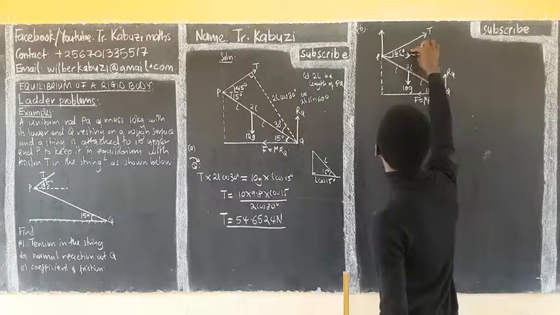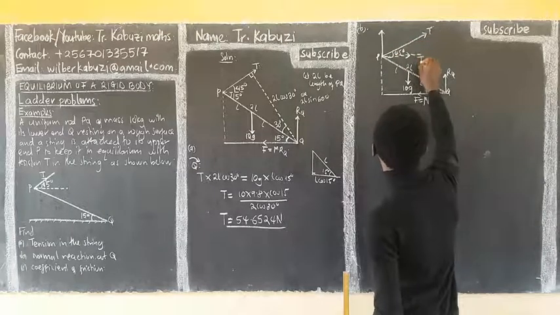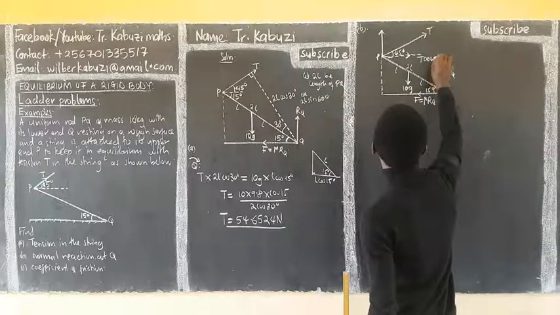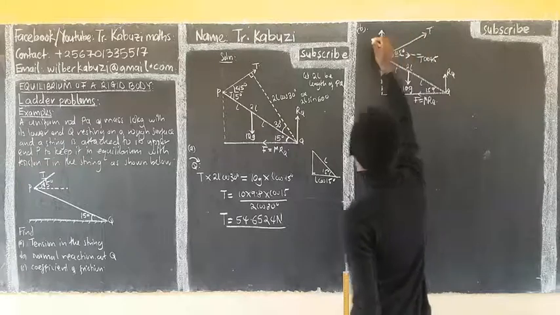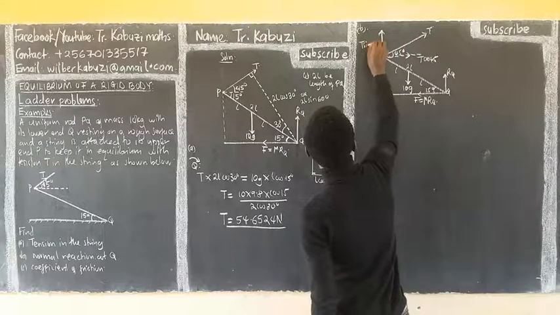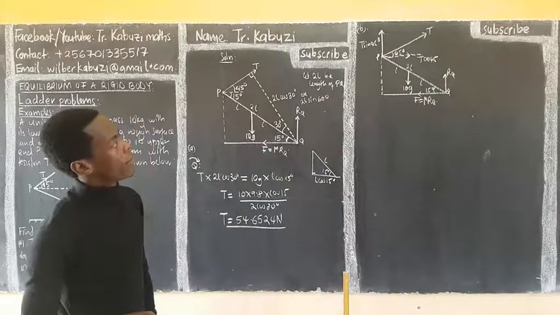You know this is adjacent to this angle here, so this is going to be T cos 45. And this force here is going to be opposite, so this one is going to be T sine 45 degrees. So we have finished resolving that.